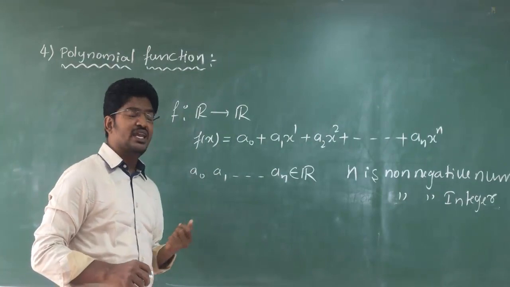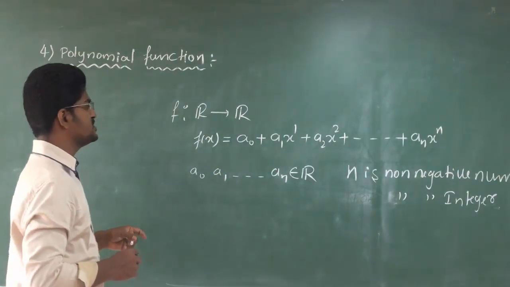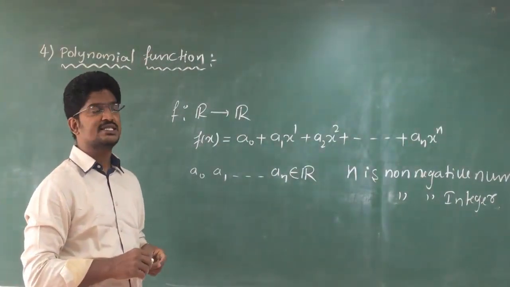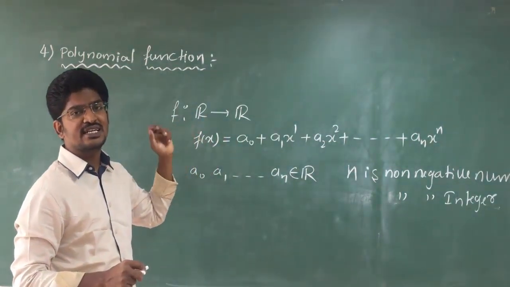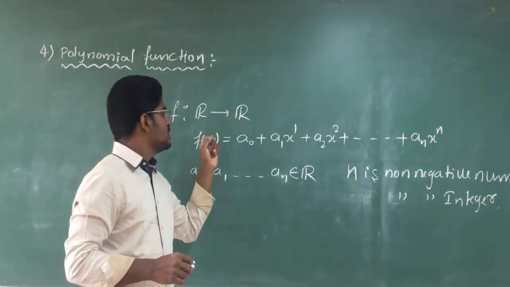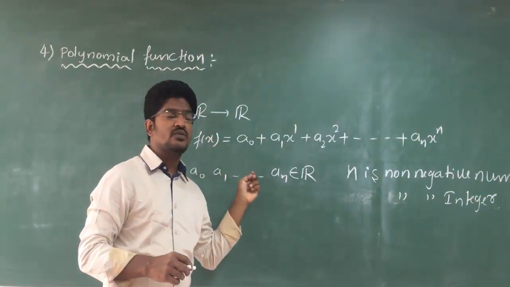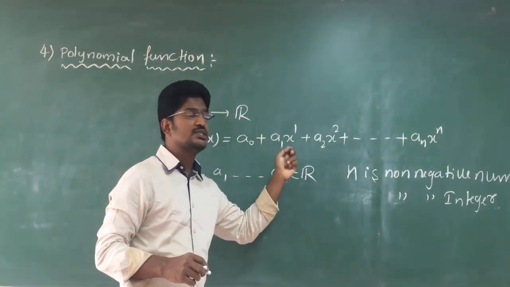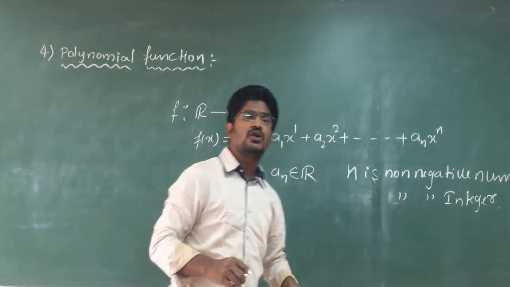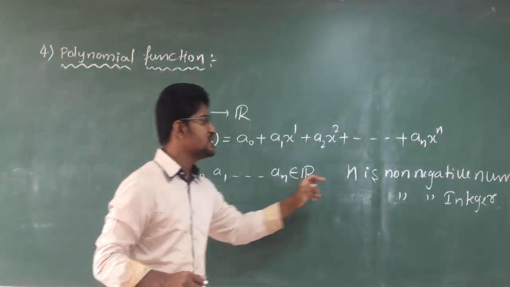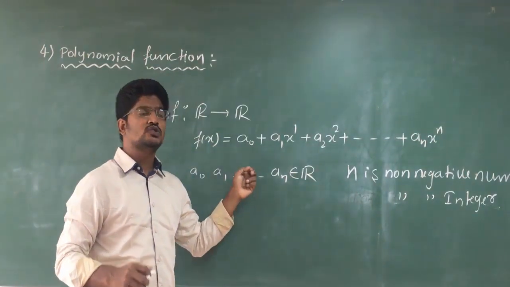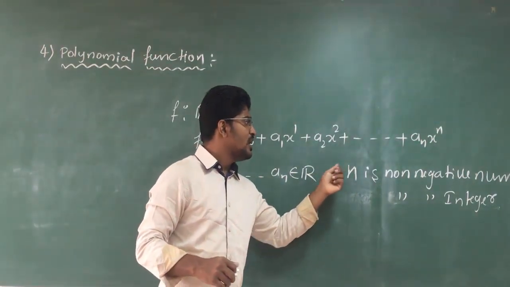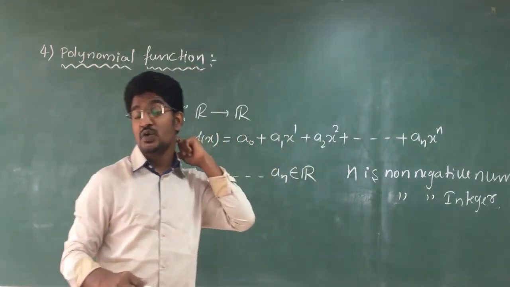You must be very careful that while writing the definitions you have to mention everything. That is, let f be a function from R to R, where R is called the real number set, f of x is defined by a0 plus a1 x to the power of 1 plus a2 x square plus so on to an x to the power of n, and mentioning these things is very important, where a0, a1, a2, a3 so on to an belong to R and n is a non-negative integer.